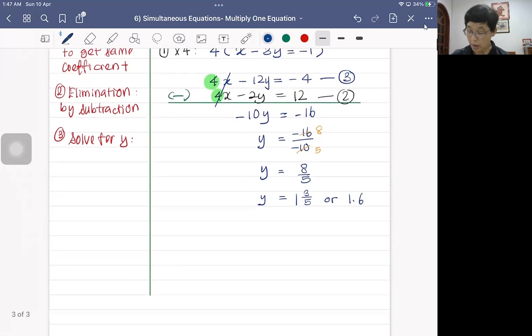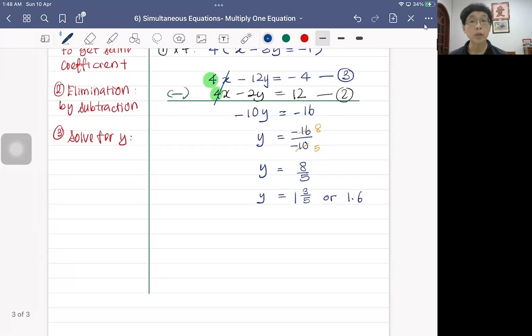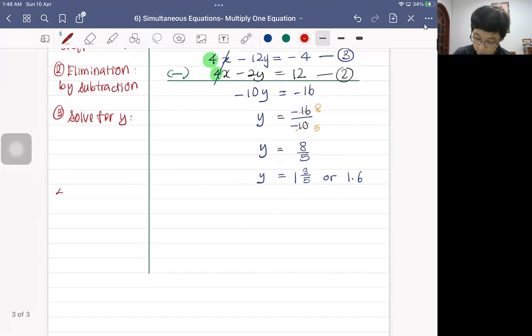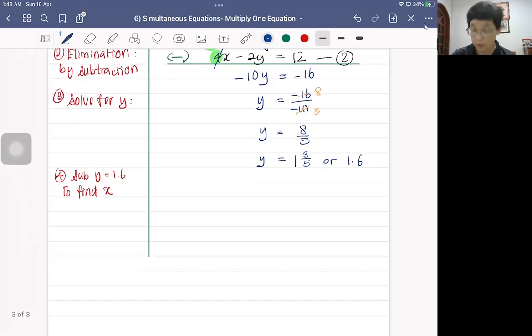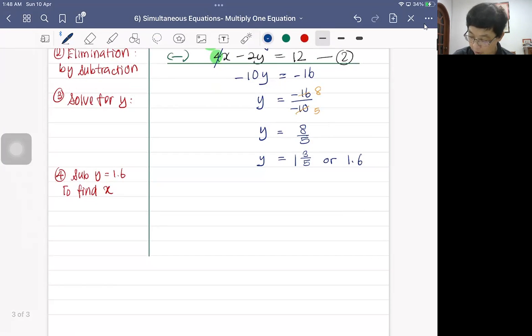All right, so now you have got your y value. What you're going to do now is you go to the fourth step where you're going to sub the y value 1.6 to find x. Okay, now let's write this for uncle or auntie examiner.